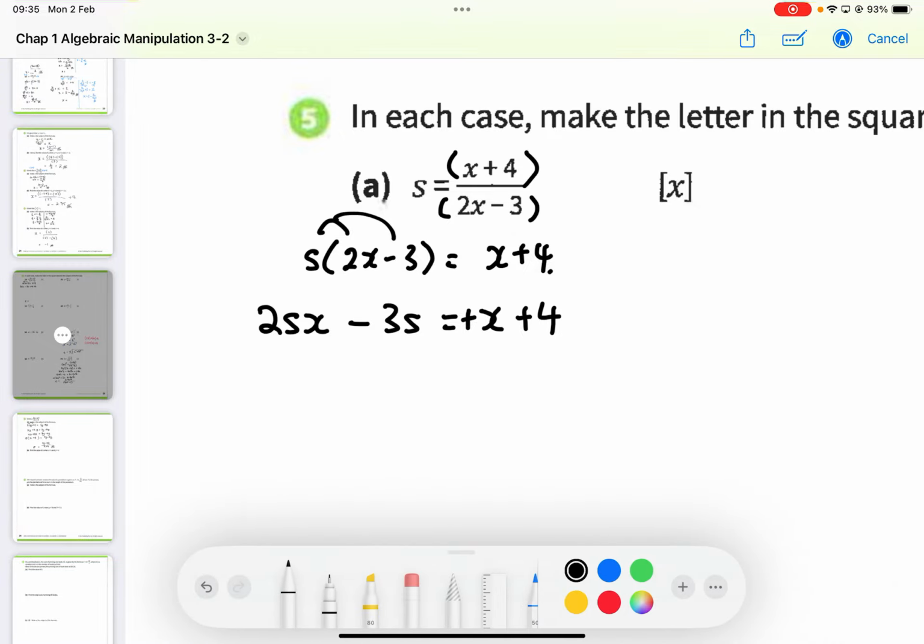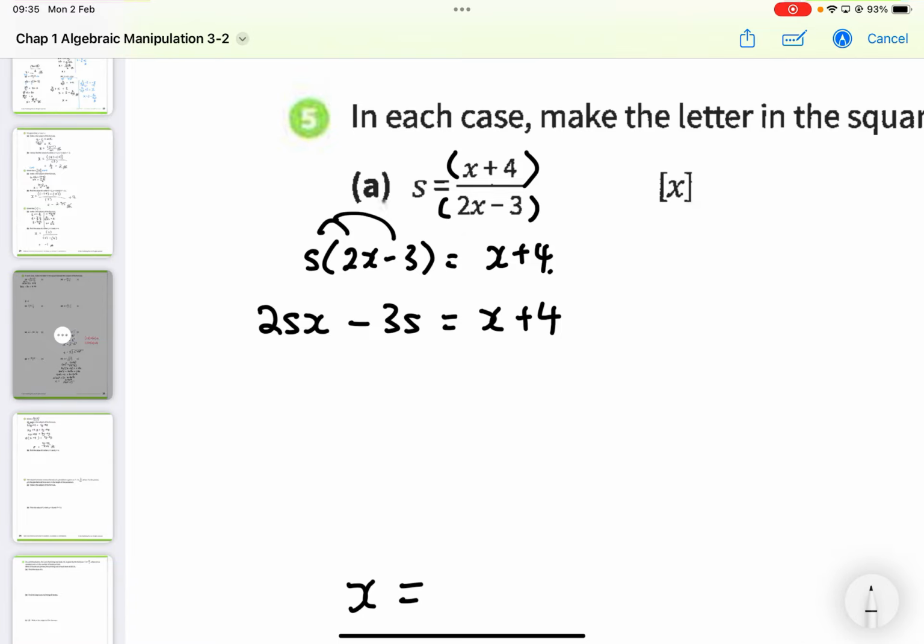So when it is plus, it goes across the equal sign will become minus. 2sx I never touch, then I have my minus x. 4 I never touch, so it's still on the right hand side. I still have my 3s to bring this side. So minus 3s, I want to plus 3s on both sides.